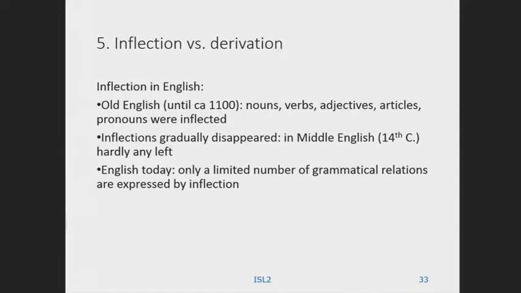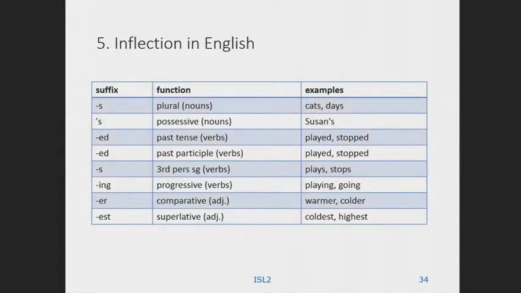Also for verbs, or I mean, if you've learned Spanish at school, you have the verbs that end in ar, and those that end in er, and those that end in ir, and they conjugate differently, right? So they're different classes. And English has lost it all, but it used to have it, and sometimes that still plays tricks with us. So this is about all the inflection English still has.